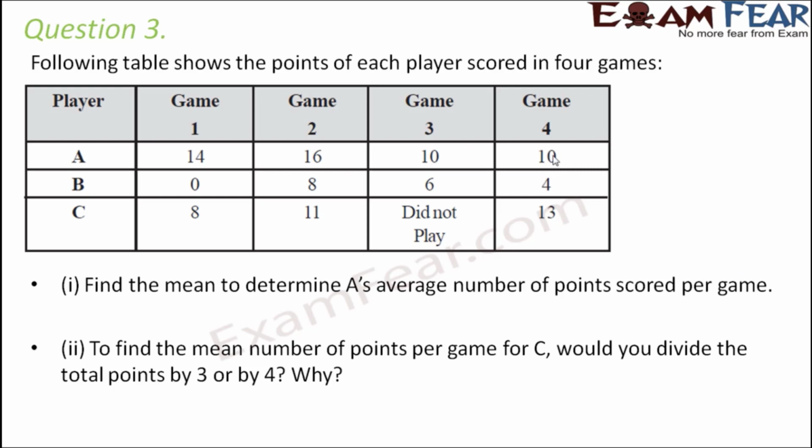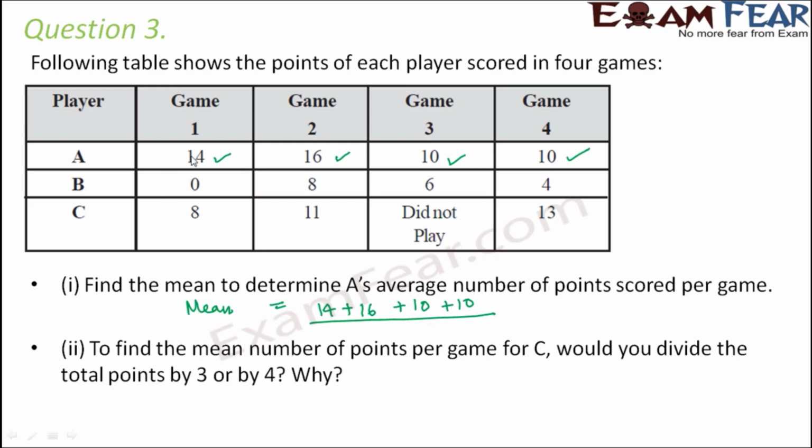So we have to find the arithmetic mean of the scores in games 1, 2, 3, 4. How do we find the average? The average would be nothing but the mean. So it would be the sum of the scores divided by the number of games. This mean would be equal to 14 plus 16 plus 10 plus 10 divided by the number of items.